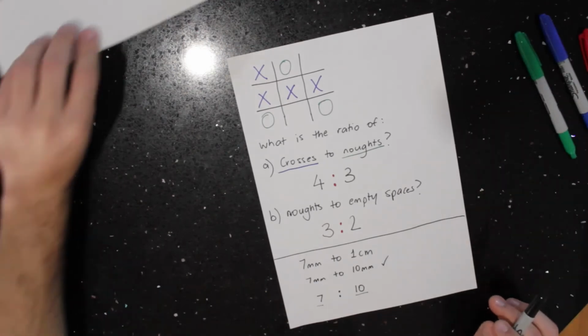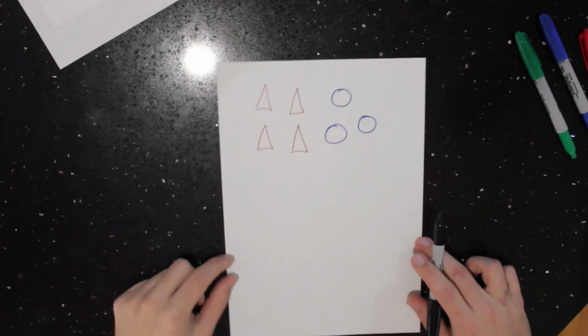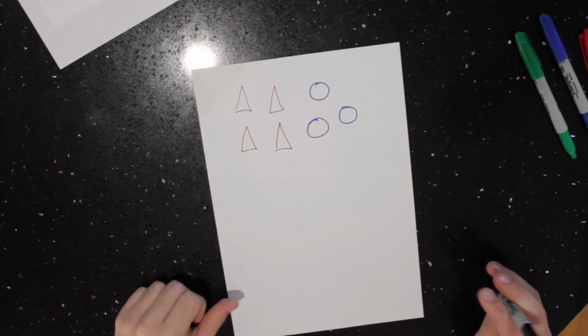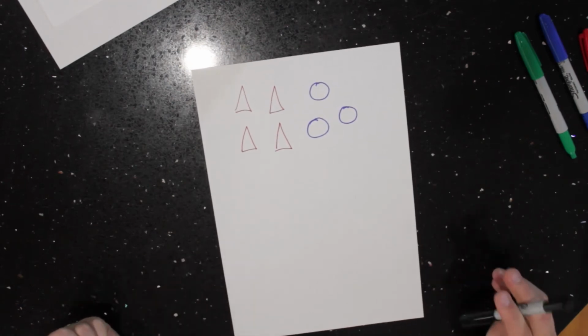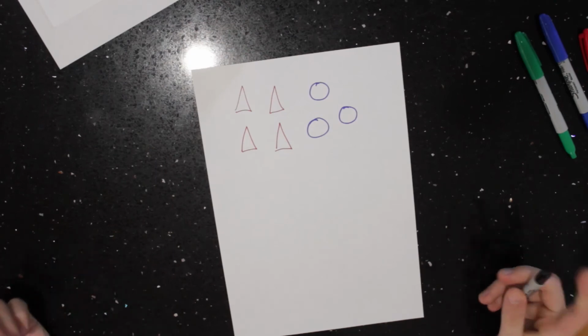Now, I'm going to go back to show you another example here using shapes. This is why, when I'm writing things as a ratio, I don't like using fractions. Fractions come in very handy later when we look at proportion, however, this is why we write ratios the way we do.